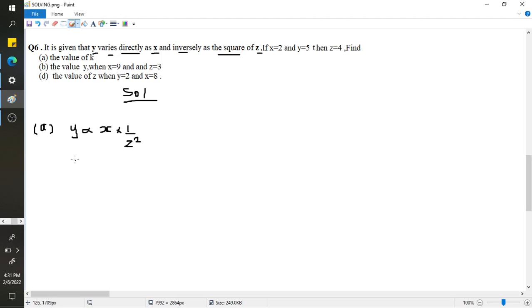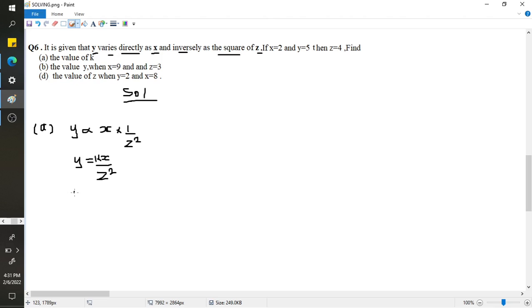So our formula, after introducing the constant of variation, k, is y equals kx over z squared. This is our formula, but we need to calculate the value of k to have the general formula that we can use.